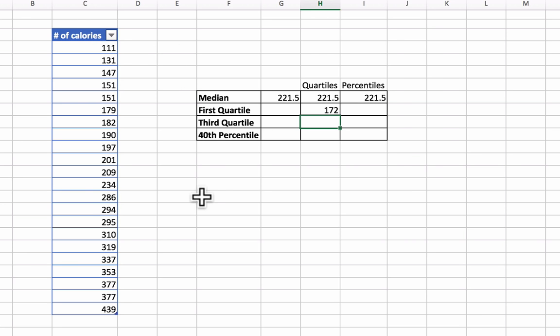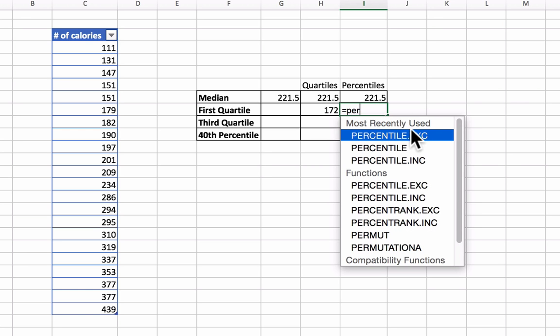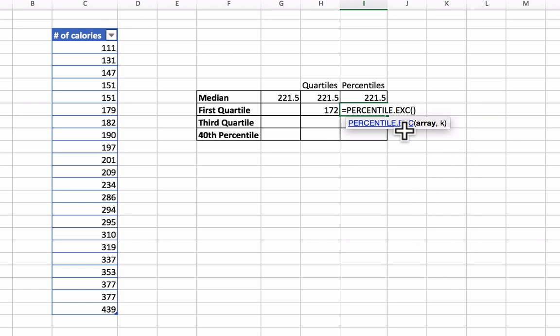And so we get an answer of 172, which matches what we calculated before. We could also use the percentile function and click on our array and put in 25%. It also works if you use 0.25, and we get 172 again.